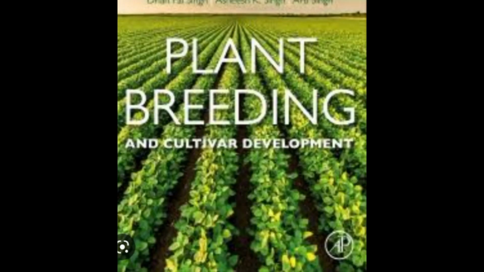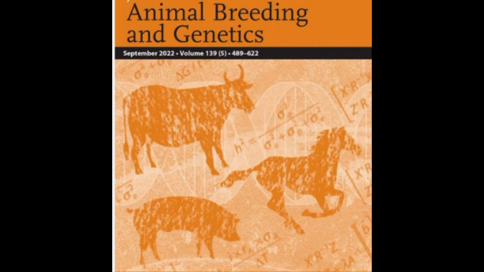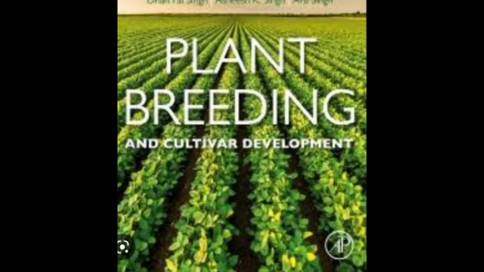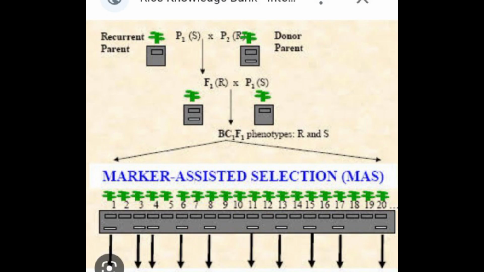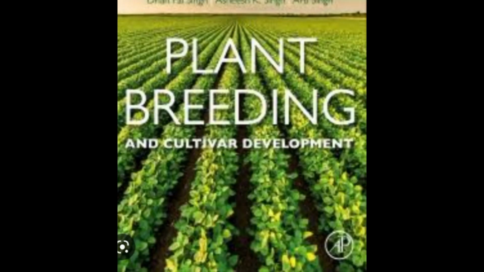The frequency of genotypes for a locus with two alleles, say capital A and small a, would be p square AA, 2pq Aa, and q square aa, where small p represents the frequency of capital A and small q represents the frequency of small a.